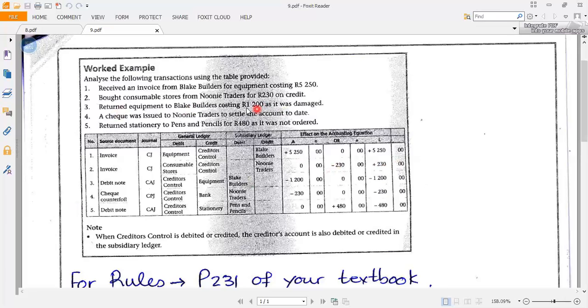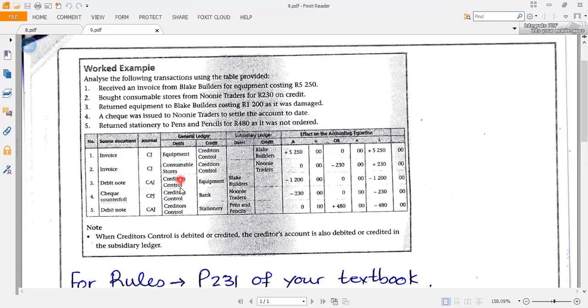Okay, this is a reverse entry. It will take place in your creditors allowances journal. Why? Because it's returned. So for this, you effect a debit note. The CAJ, you remember I told you you're going to reverse your entry.